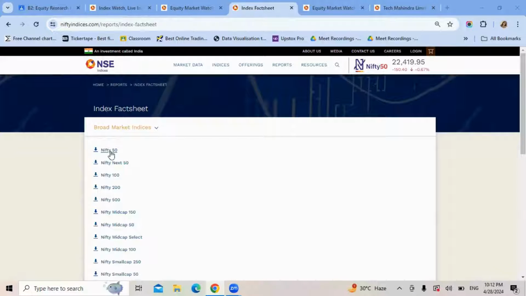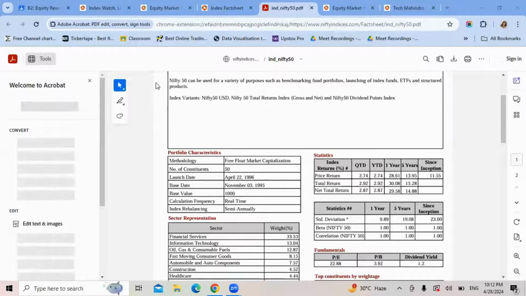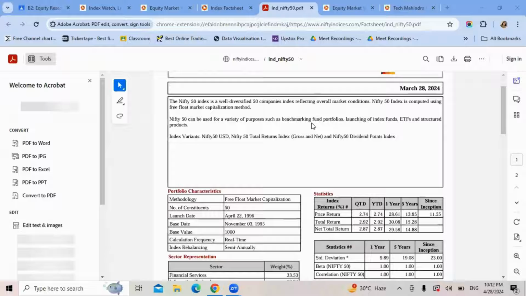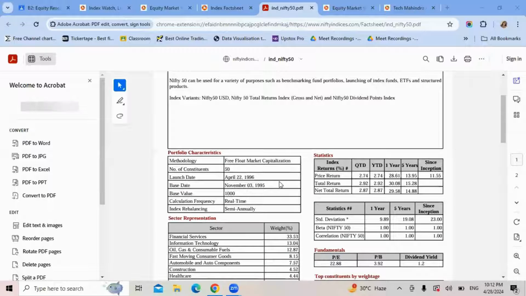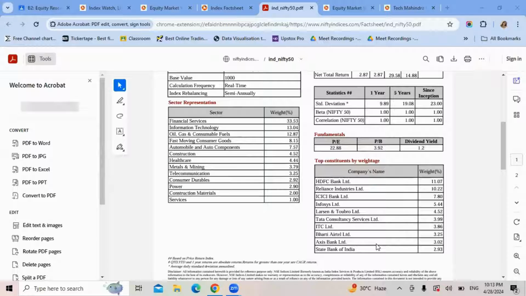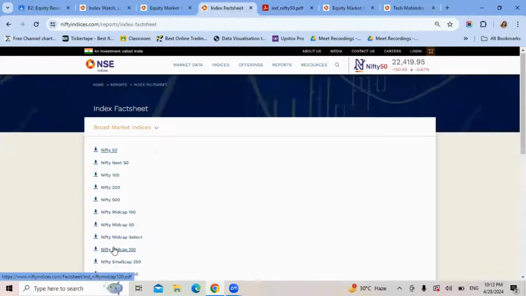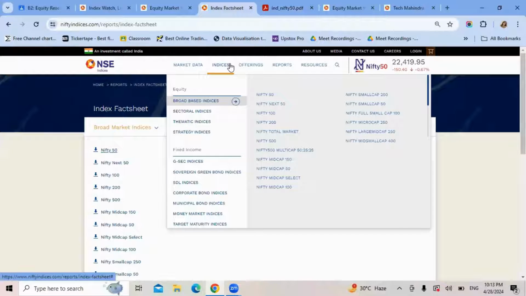So when we click on the Nifty 50 again, this gives you the indexogram of Nifty 50 as we discussed in the last session. And here you can check the companies having the highest weightage in the index. Again, this acts as a good check when you want to download the indexogram or read about the different indices.